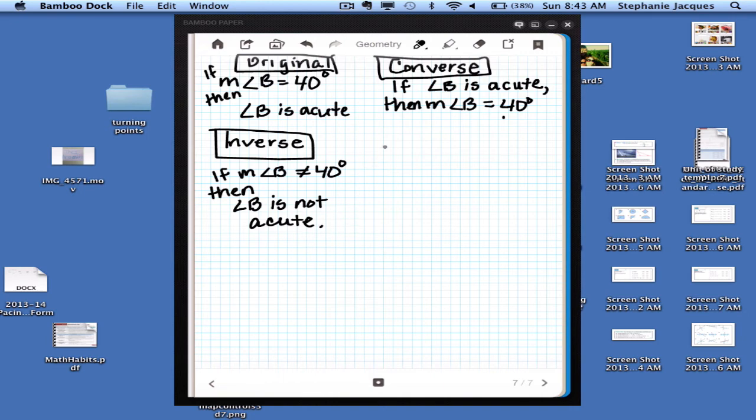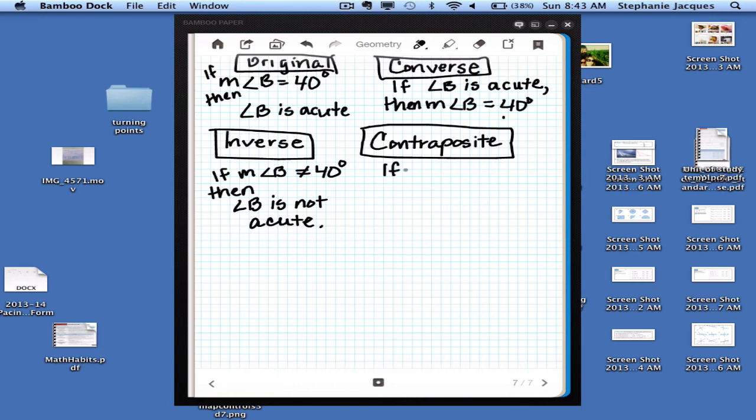And now let's look at the contrapositive. So as I said before, a contrapositive is when you negate the hypothesis and conclusion of the converse. So let's go up to our converse. It's right here. So we want to negate those.